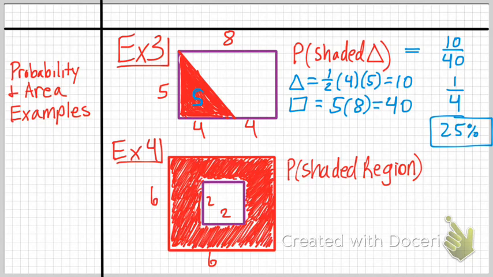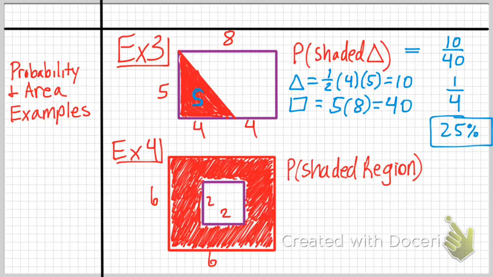All right, and now we've got a cutout problem again. So, I'm looking for the probability that we fall within the shaded region. Well, again, we need to find the area that we desire and divide it by the area of the total.